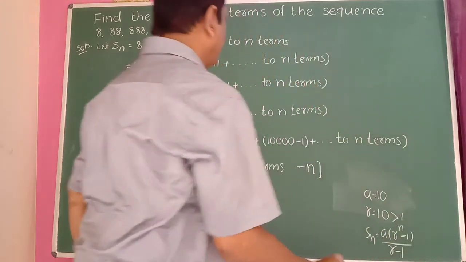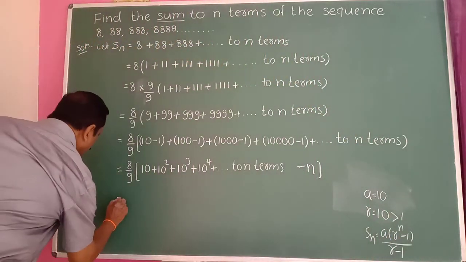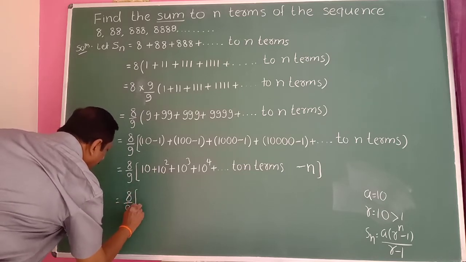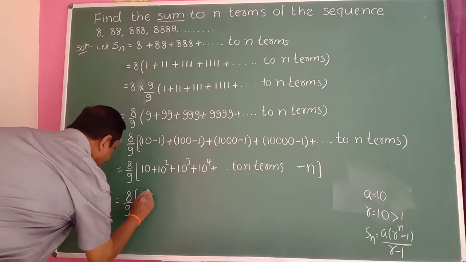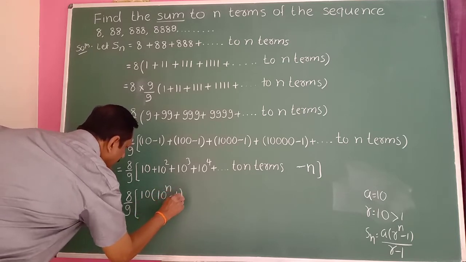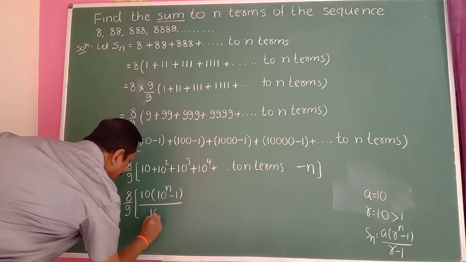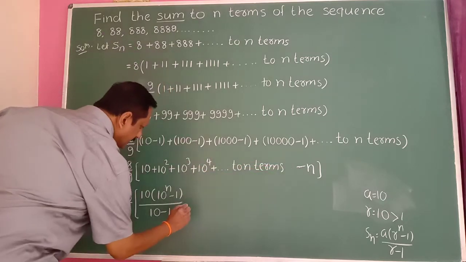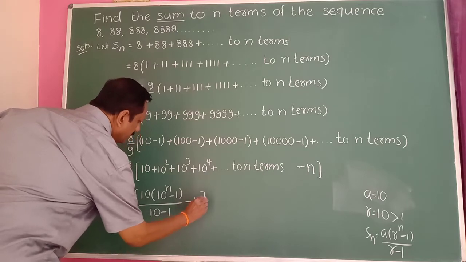This is equal to 8 divided by 9 into bracket 10 into 10 raised to n minus 1 divided by 10 minus 1, and this minus n right as it is here.